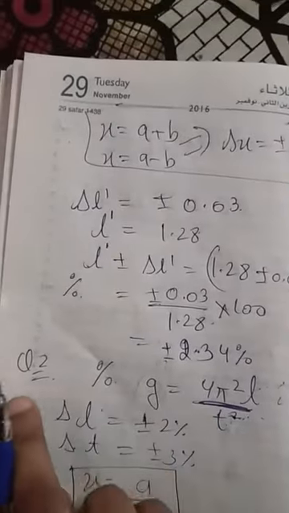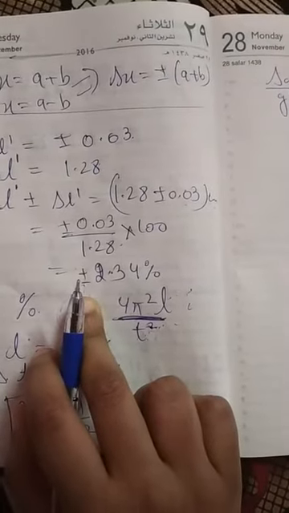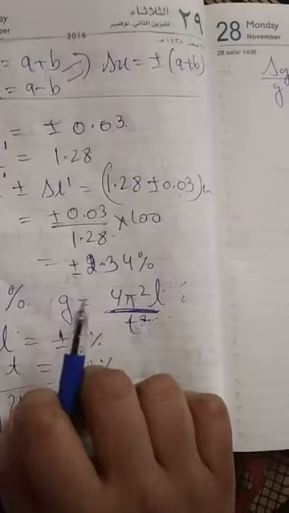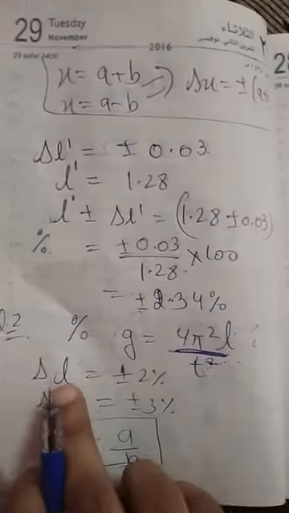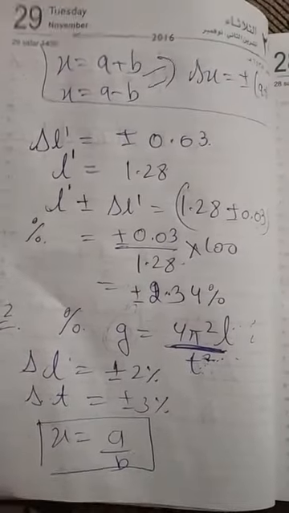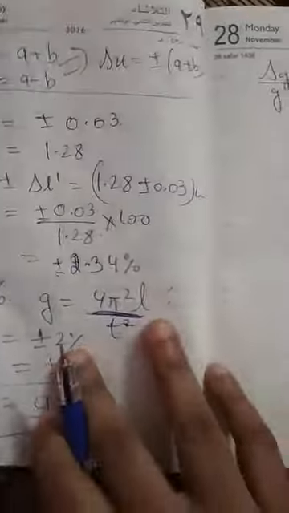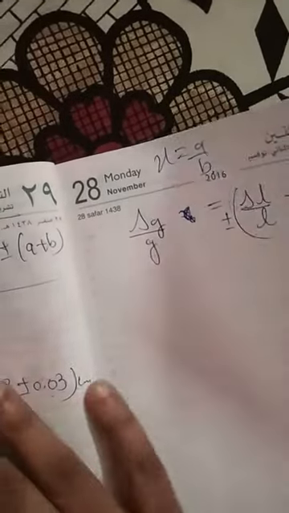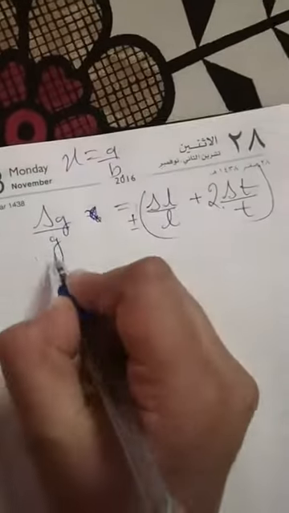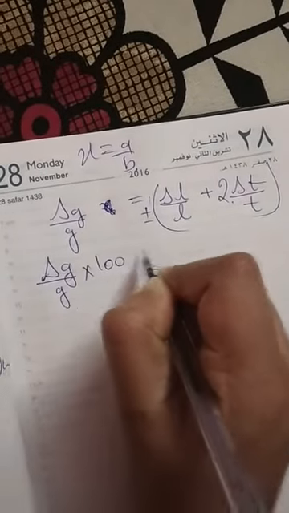So what is delta L over L? And one more thing, this is in terms of percentage. L and T are measured with 2% and 3% errors. They have given the values in terms of percentage, right? So what can we do for percentage? Any guesses? Yes, we just have to simply multiply by 100.